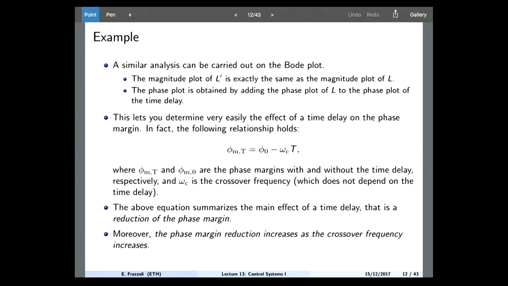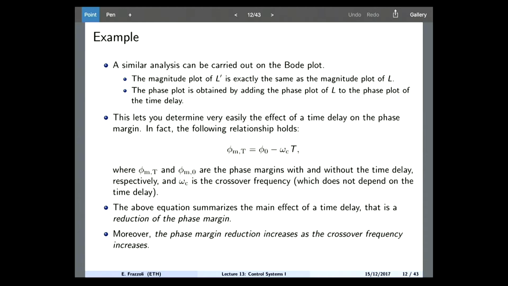However, there may be things that actually reduce your phase margin in practice. What are those things? The number one culprit in this case is actually a time delay. Whatever computation you do in your microcontroller will cause a time delay. This time delay will reduce your phase margin. So you thought it was 60 degrees, it's now 15 degrees.